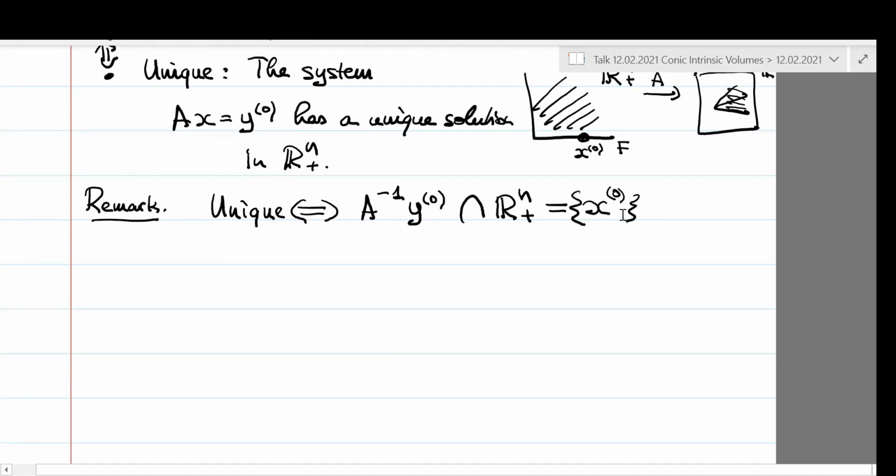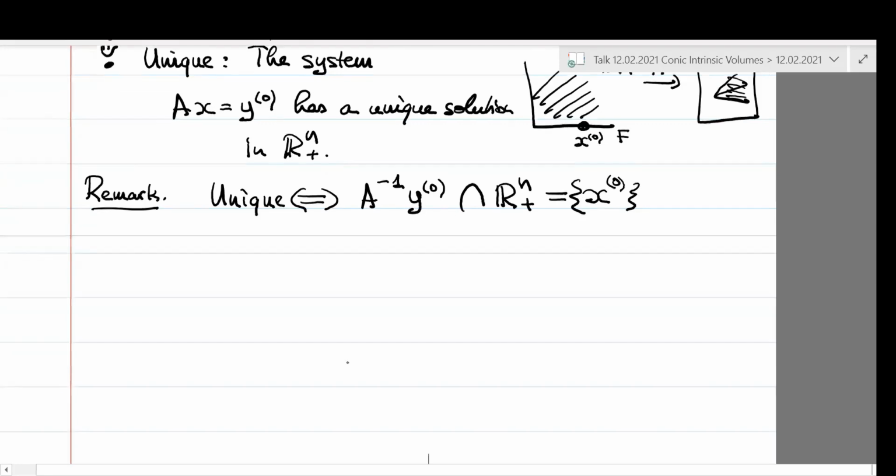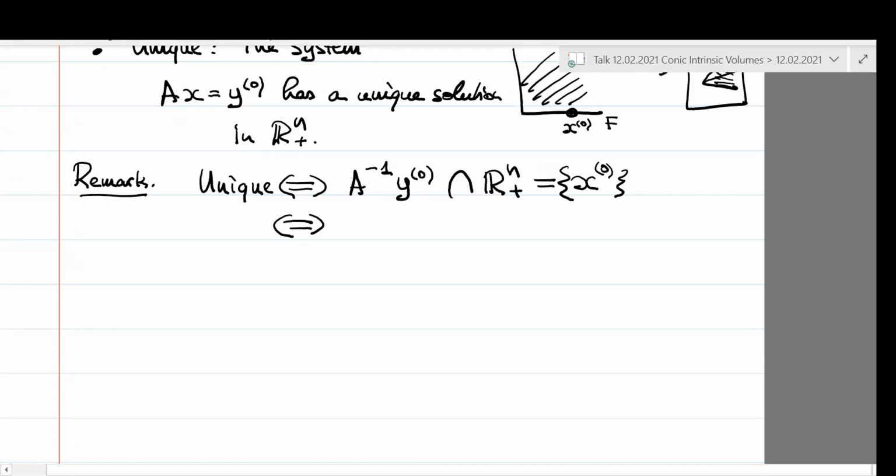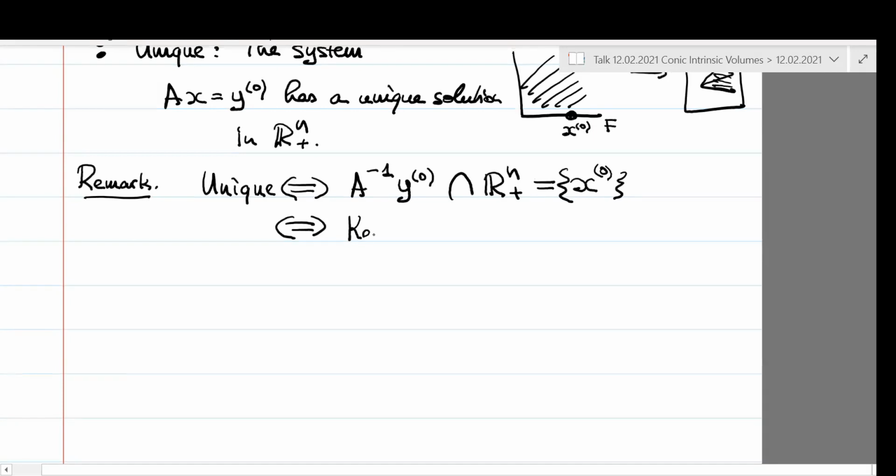This is what the uniqueness condition states. Or this can be stated as follows. This pre-image can be written as the kernel of A shifted by x0. And we want that this shifted kernel intersects Rn plus only at x0.